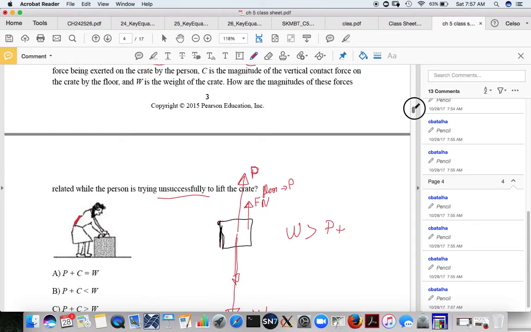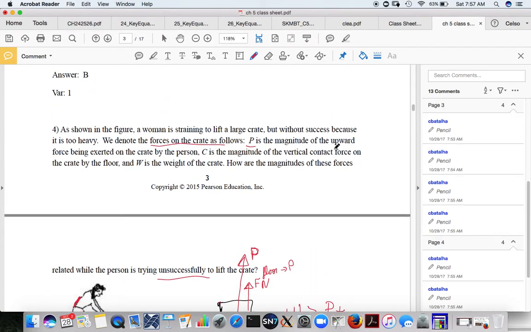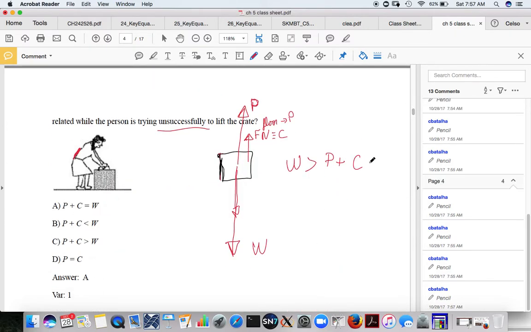Wait a second, I forgot to write a C. P is the magnitude of the upward force on the crate, but C is the magnitude of the vertical force. Oh, this is called C, right? This is C. Oh, wait a second.